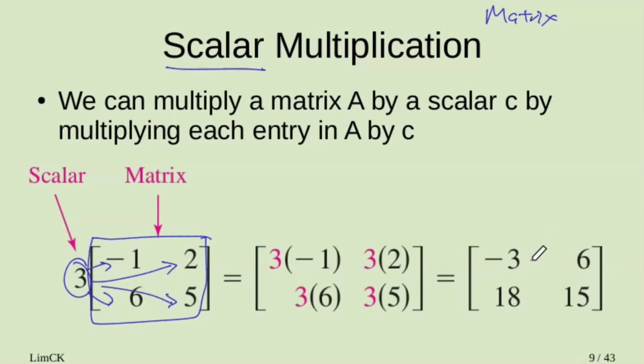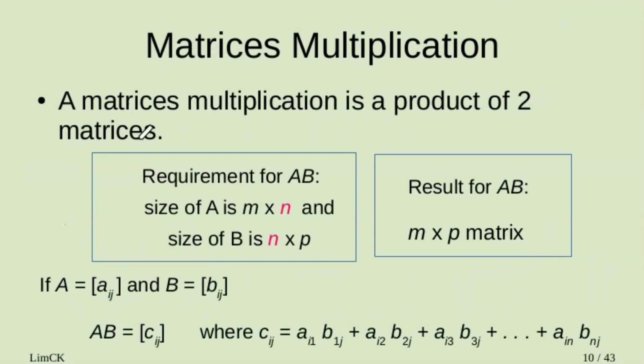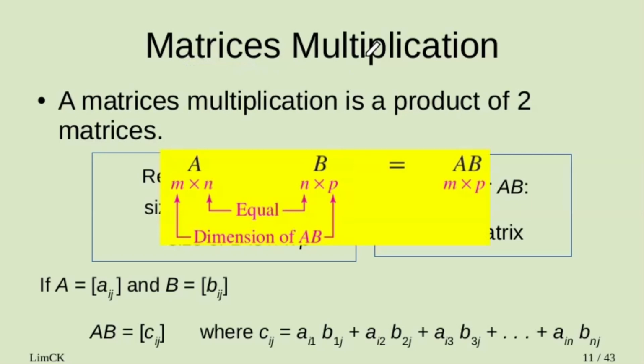For the second one, matrix multiplication, we always multiply two matrices with a certain condition which must be fulfilled. What's the condition? Let's say we want to multiply two matrices A and B. We always have to check the dimensions of the matrices. If matrix A is m times n, m rows and n columns, matrix B must have n rows.